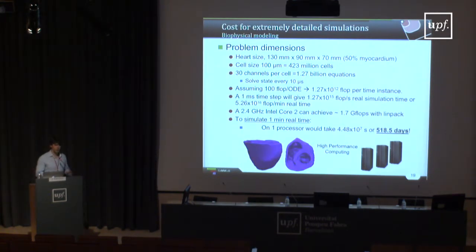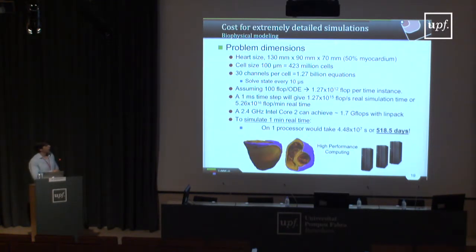The first level of detail, which is the most detailed, is the one in which we model each single cell of the heart. We model the tissue as it is, but the problem is huge because, as you can see, if we model the heart using cells of 100 micrometers, which is typically the size of a myocyte, we end up with 423 million cells.